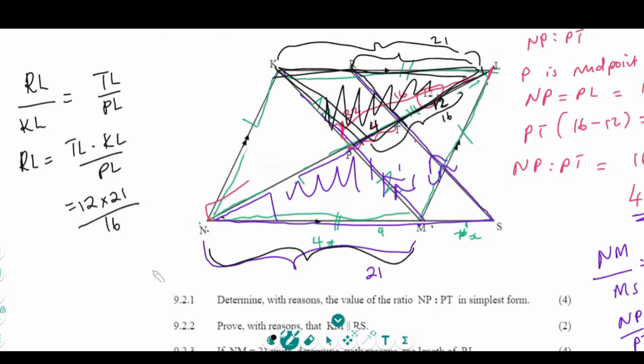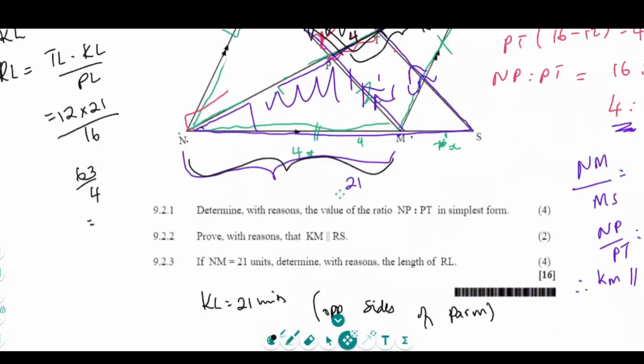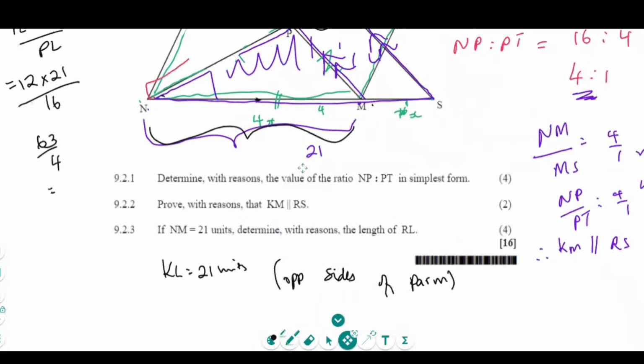So 12 times 21 divided by 16, I'm getting 63 over 4. So this is a 63 over 4. Or you can give it as a decimal, whichever option you would prefer. But I would leave it like that. So that is question number 9.